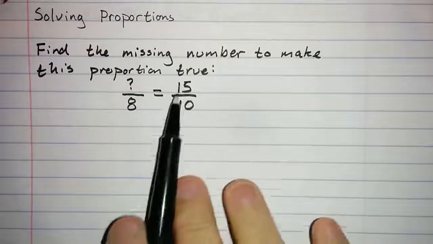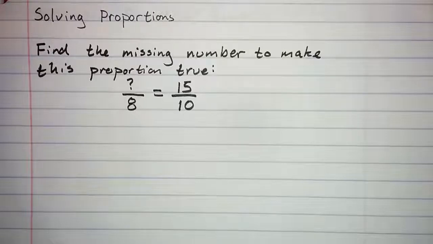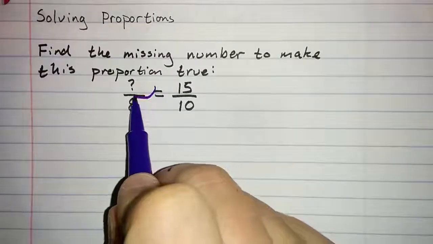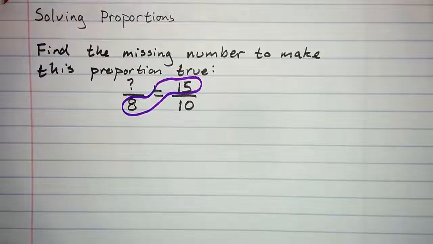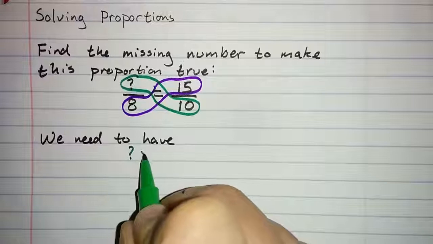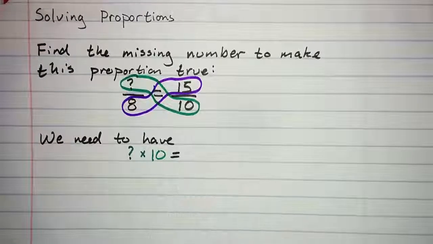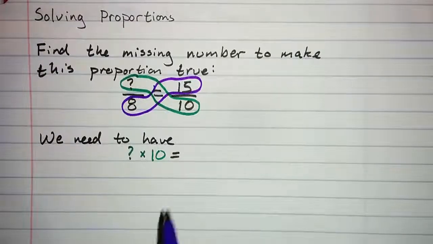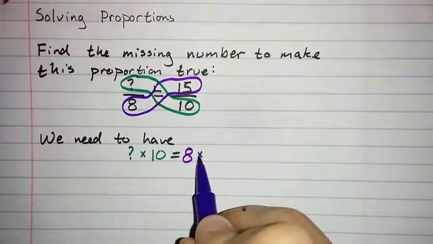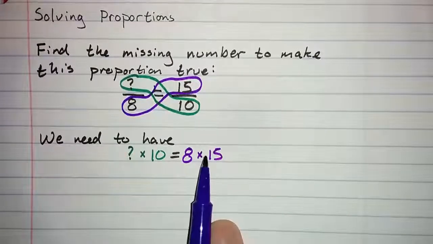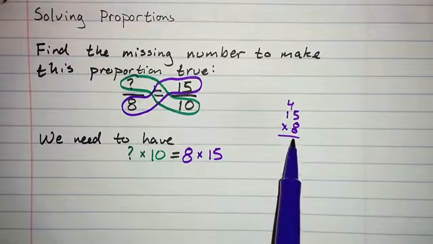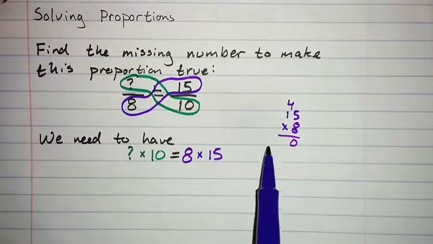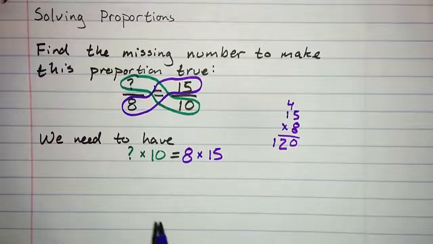Well, in order for this proportion to be true, we need the cross products to be equal. So we need our missing number times 10 to be equal to 8 times 15. Doing this multiplication, 8 times 5 is 40, 8 times 1 is 8, plus 4 is 12.